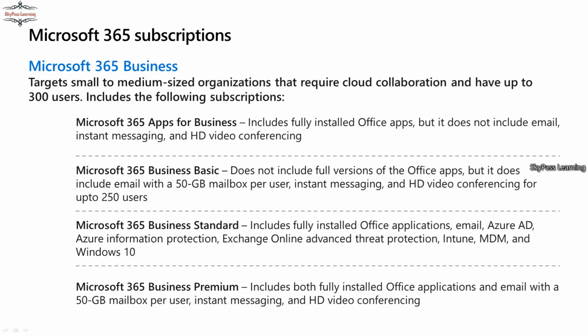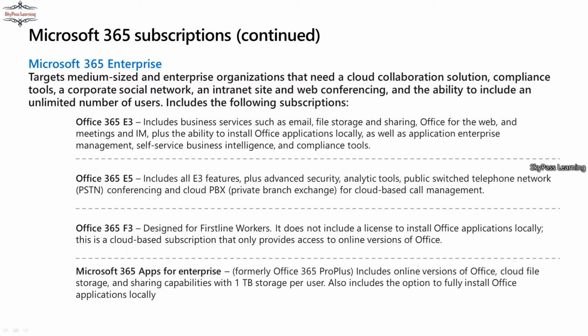In Business Basic you also get HD video conferencing, as it's a part of the Microsoft Teams solution. In the Basic plan, chat, email, and instant messaging functionality are available. I will show you what plans are available and how you can buy them.